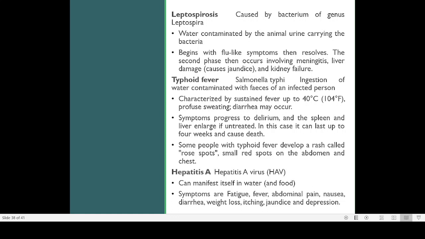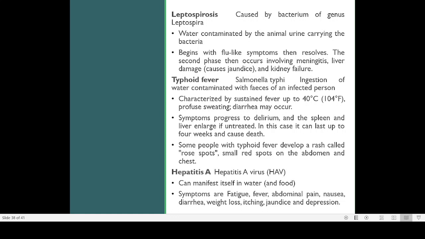It happens by drinking water contaminated with the feces of an infected person. How can the feces of an infected person reach the water? Mainly by a leak in the septic tank. If the septic tank is flooded during the rainy season, that water can reach the well water or drinking water source. That is the most common reason responsible for typhoid fever.